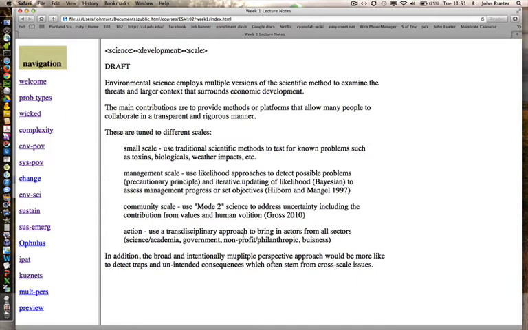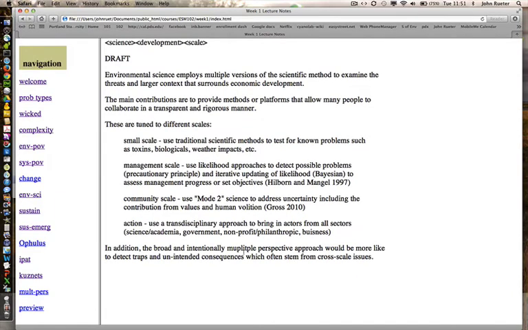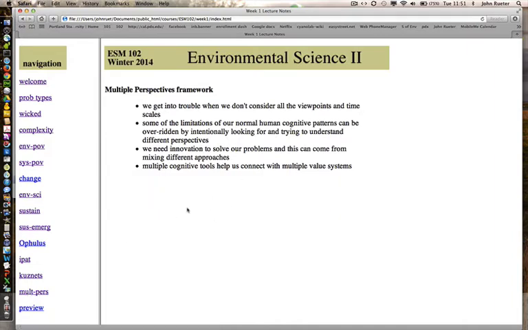So, in addition to looking at these scales, the other thing I'm going to explain in this course is how with science we intentionally look for alternative explanations. And so what we're going to do in this class is intentionally employ multiple perspectives.